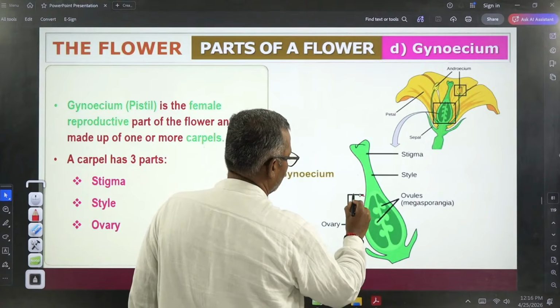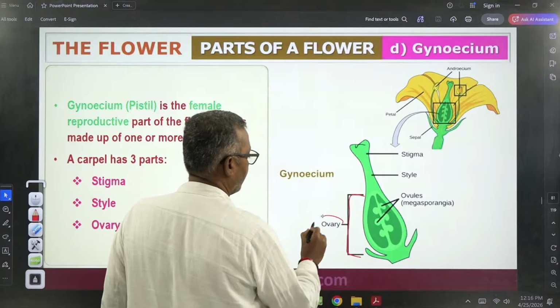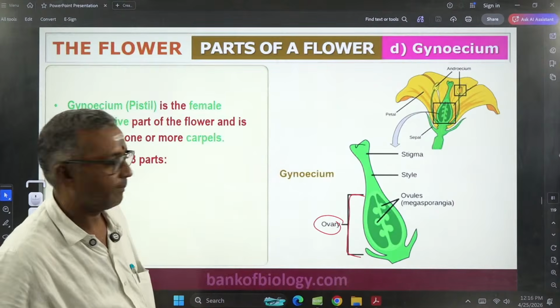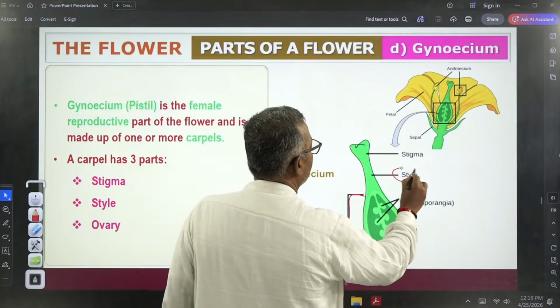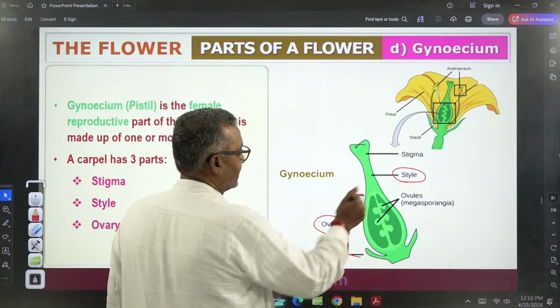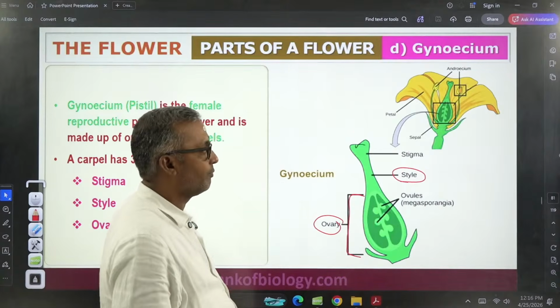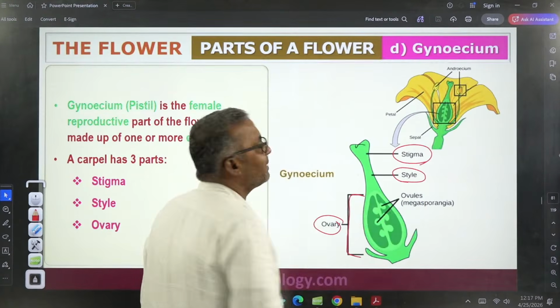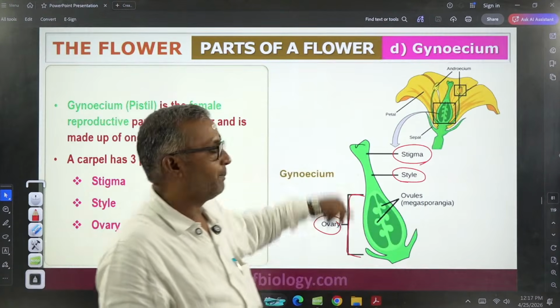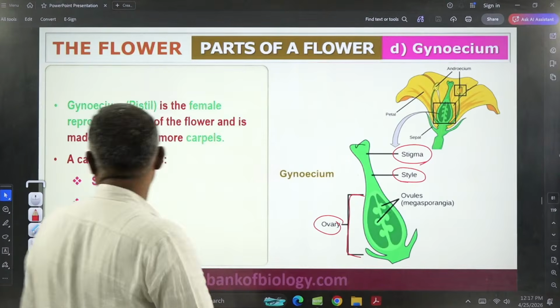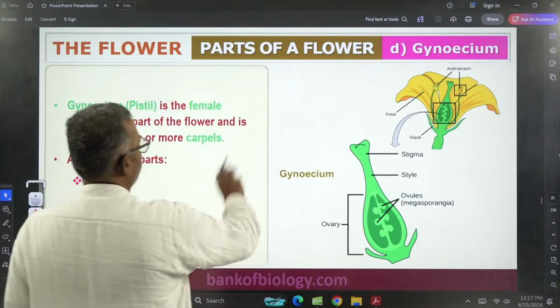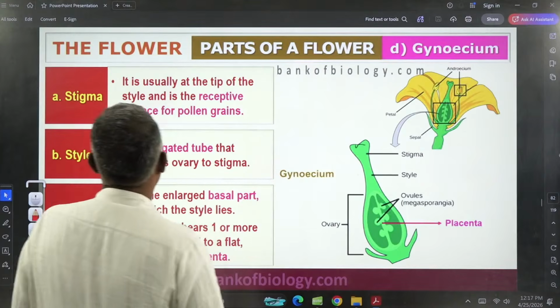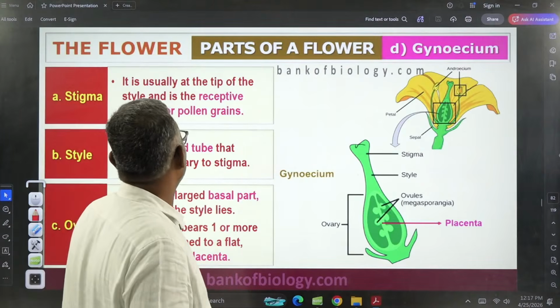Look here, this is ovary. Then a median tube-like elongated structure called style, and terminal stigma, the tip of the style. These are the various regions of the gynoecium.